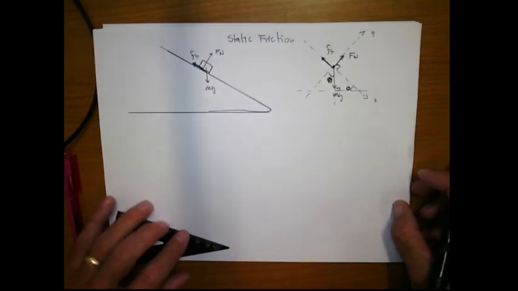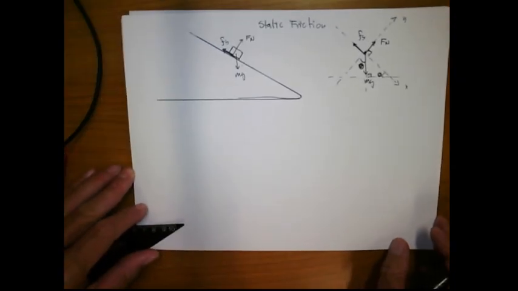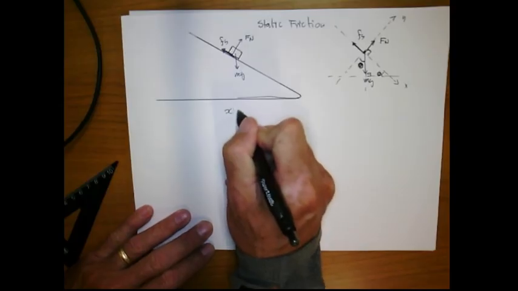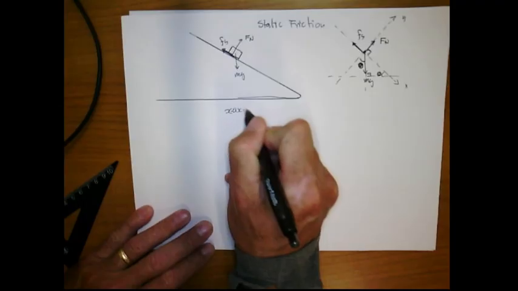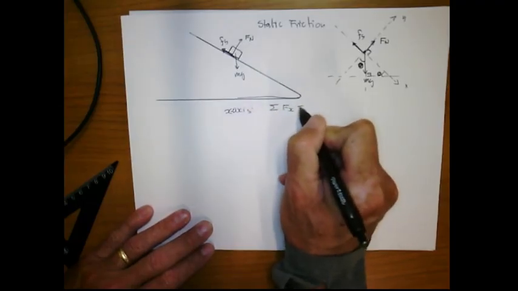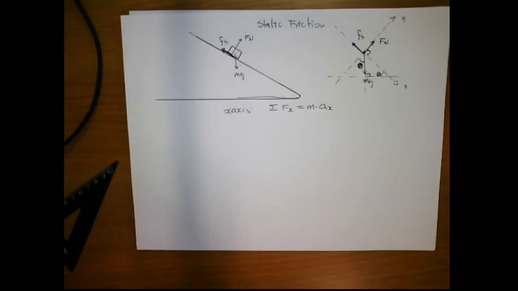Now I'm going to do Newton's second law equations on the x and y axes. So in the x-axis, the sum of all forces acting on the x-axis is equal to mass times the acceleration in the x-axis.